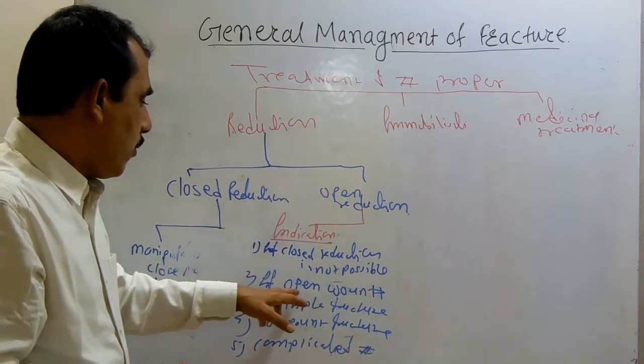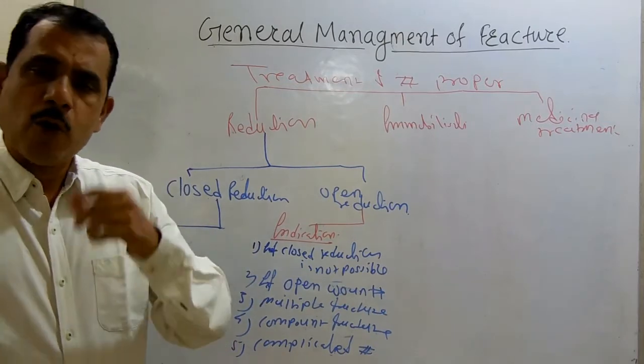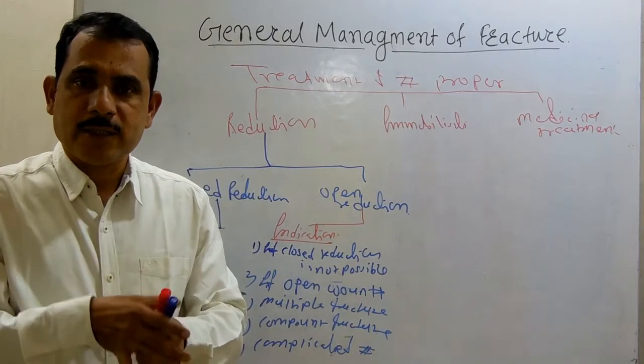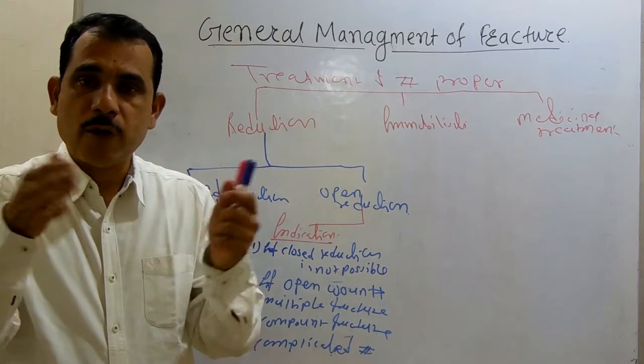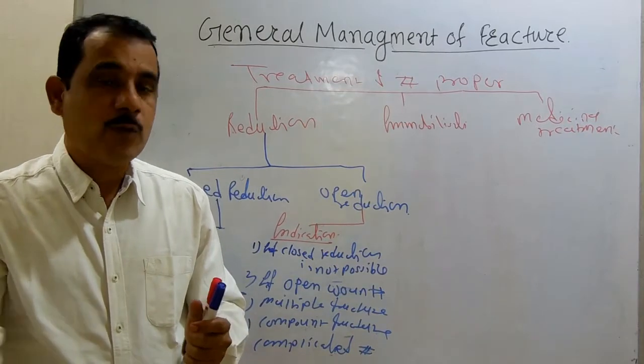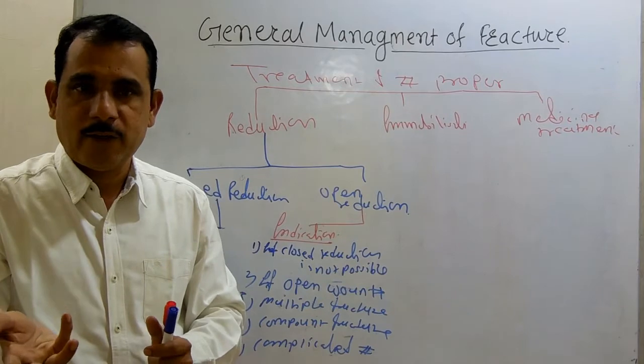Second, if an open wound fracture is there, if already with the fracture there is an open wound, a cut in the skin or tissue overlying the bone, it means the open wound is already there. There is no question about the risk of infection. Already there is a risk of infection; there is no new risk.